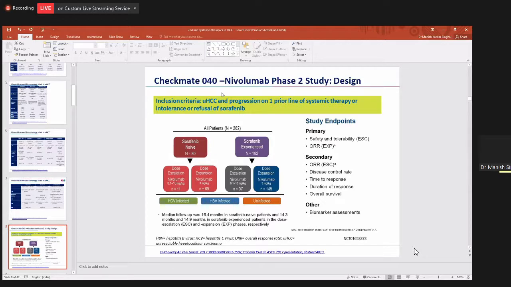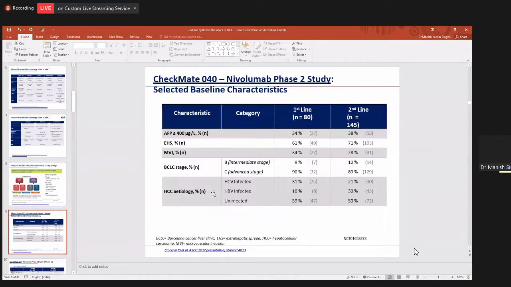So if I were to discuss the CheckMate 040 study, which has already been discussed, it was tested in advanced HCC with progression on one prior line of therapy, or for patients who were not candidates for TKI, and there was a dose escalation and a dose expansion phase, and the final dose was 3 milligram per kg, as is used mostly, and the overall response rate was the primary endpoint.